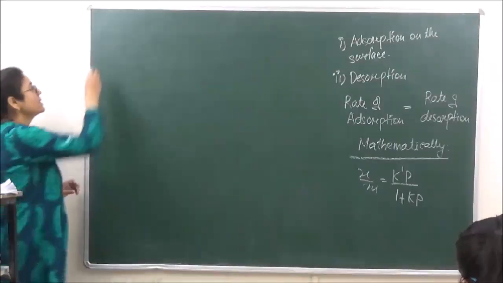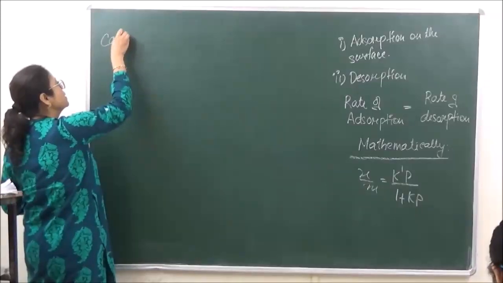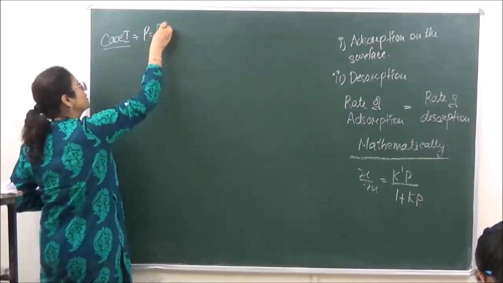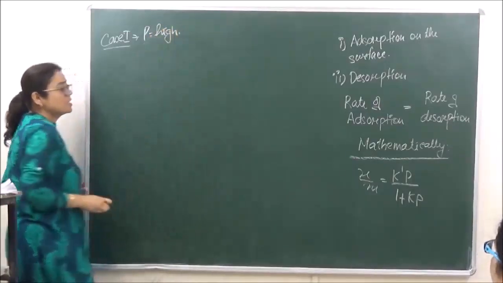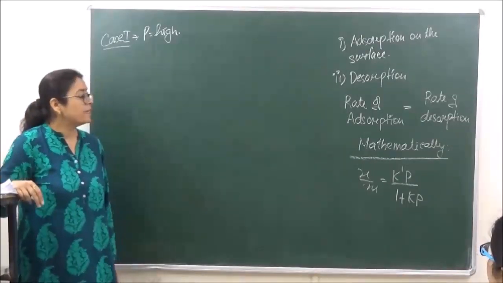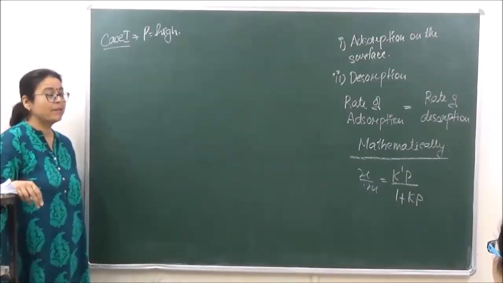Case 1 is when pressure is very high. Because we just studied that Freundlich adsorption isotherm failed at high pressures. So Langmuir gave us an expression for high pressure also.